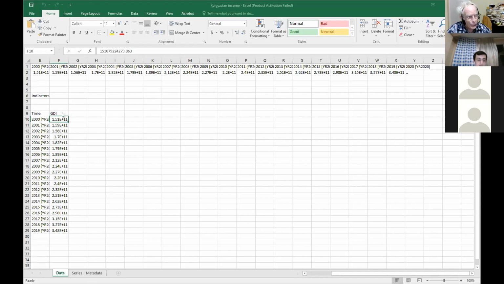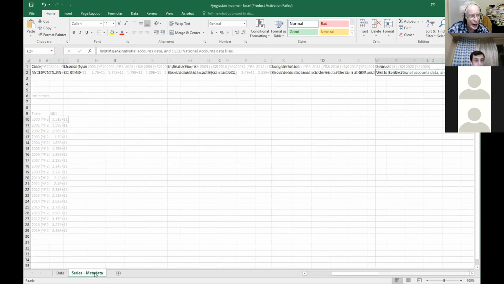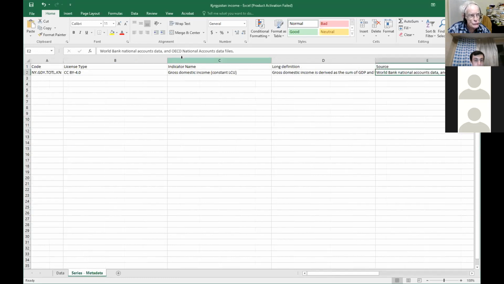So this is looking at the amount of money that has been earned by people living in Kyrgyzstan. We had an adjustment for inflation, assuming a correction for inflation.